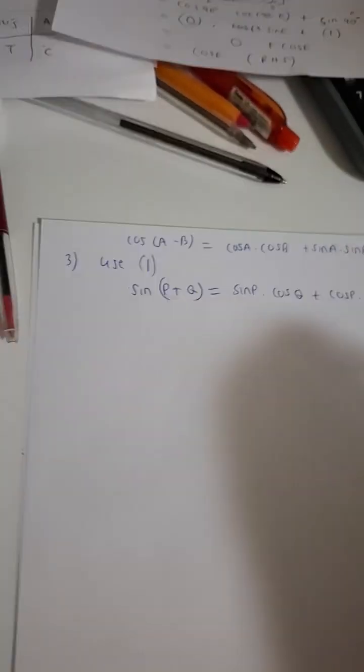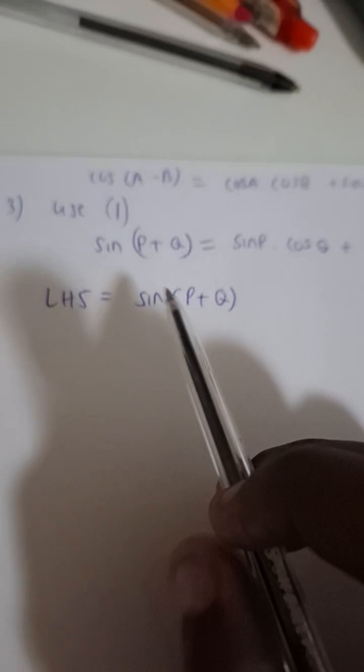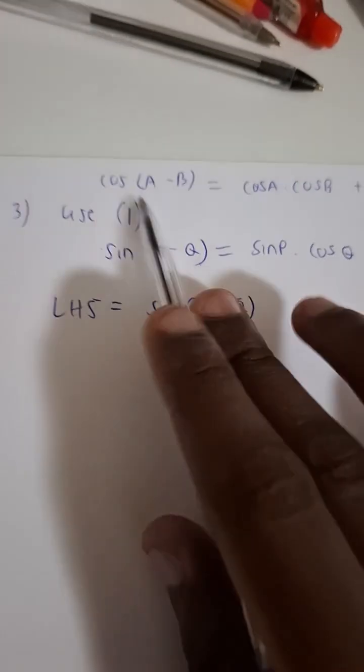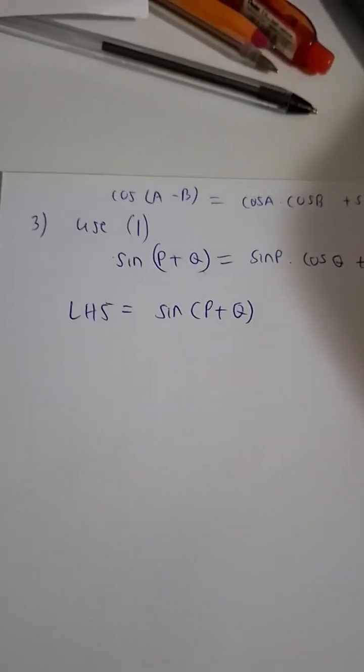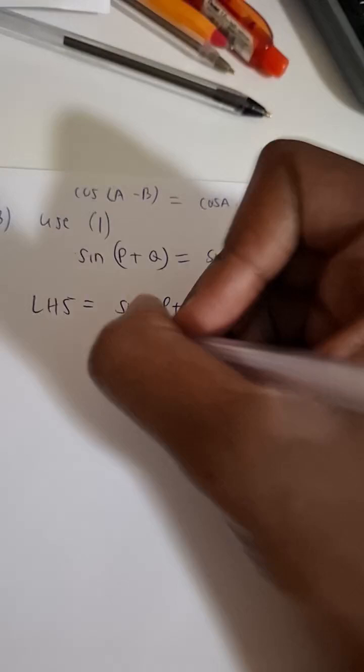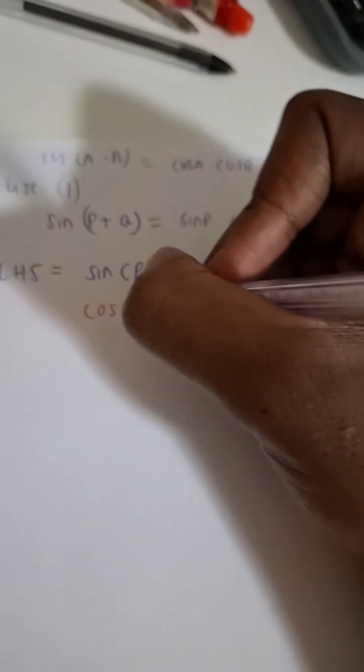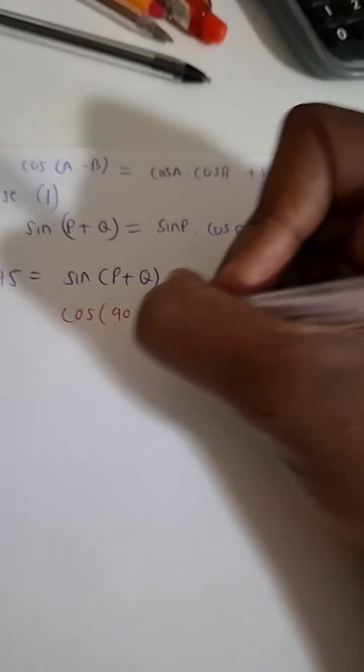So this is how we do it. Once again, I'm going to take the left hand side, which is basically sine of P plus Q. How do I get this sine to become cos? This is how I do it. I'm going to say cos, once again, of 90 minus, what?